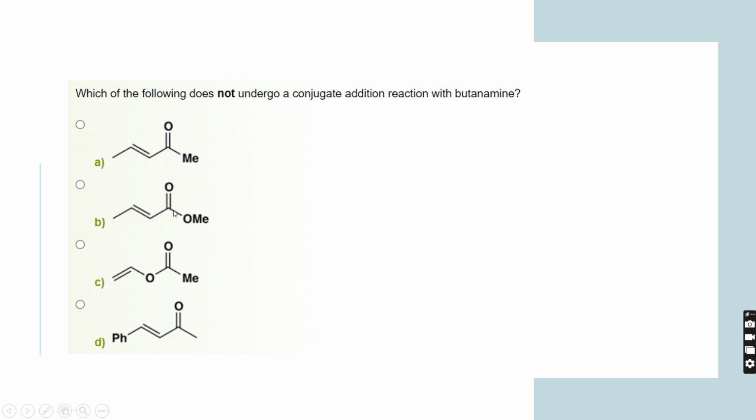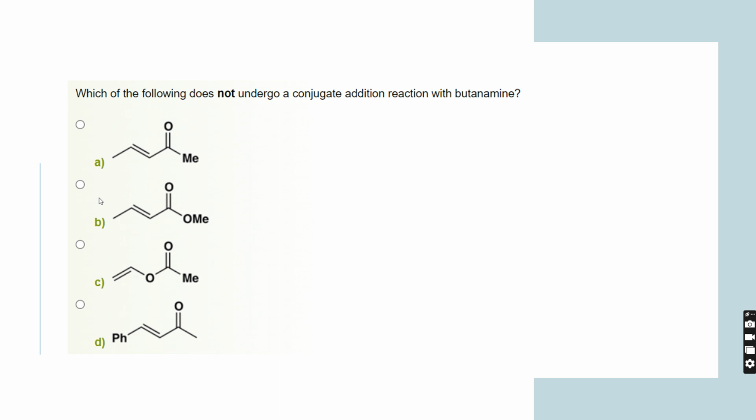So this carbon oxygen double bond also will pull the electron pairs from this carbon carbon double bond. So in this substrate also, the fourth center will give you conjugate addition, although it is less electron deficient than option A. So we are sorted with options A and B. These two are not our correct answer.